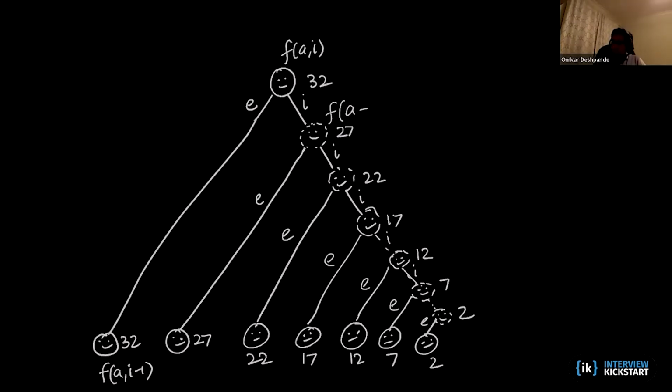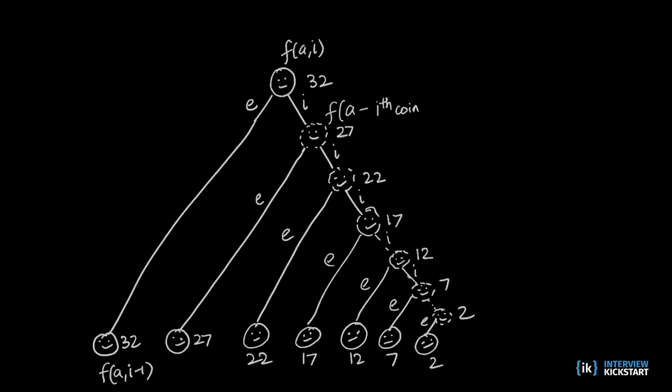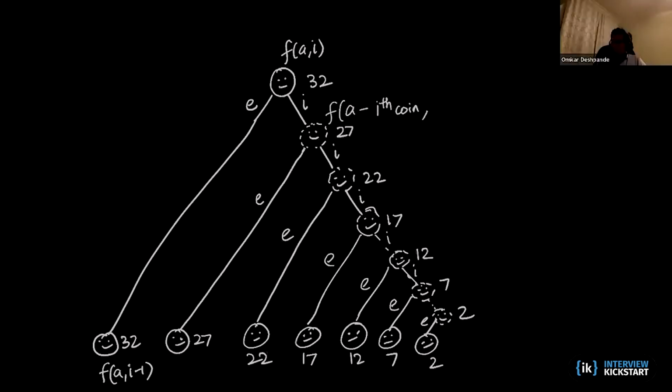I'm going to call this the ith coin because it's actually coins of I minus 1. And the set of coins under consideration at this point is still up to I.